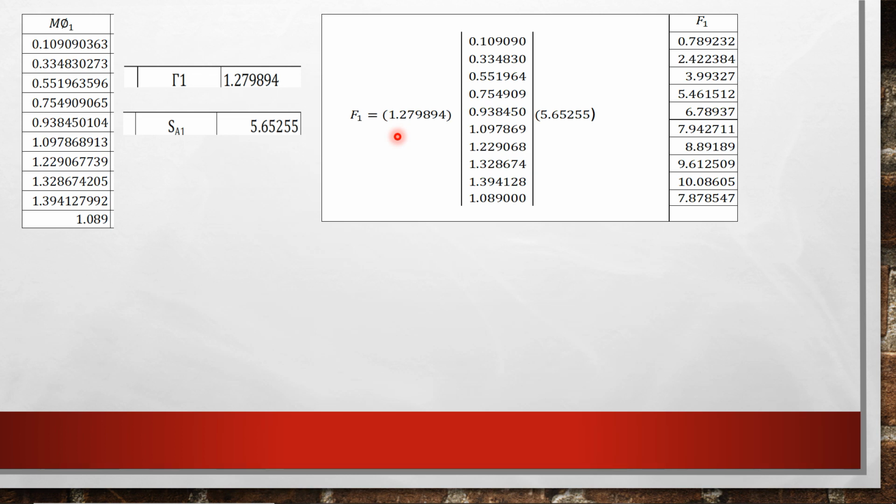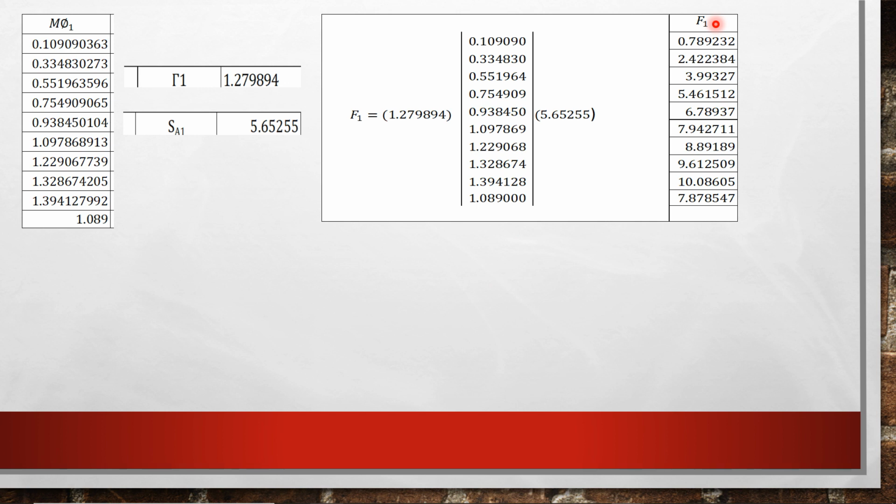F1 is equals to, plinag-in na natin dito yung gamma 1, 1.279894 times the modal mass or the mass matrix times the eigenvector. So, ito yon. Lagay na natin dito. And for the spectral acceleration, 5.65255 to. Magiging result is a 10 by 1 vector, which is our lateral force for mode 1.